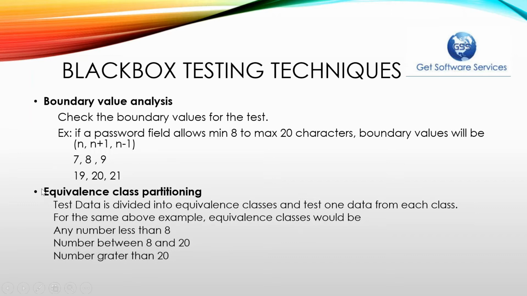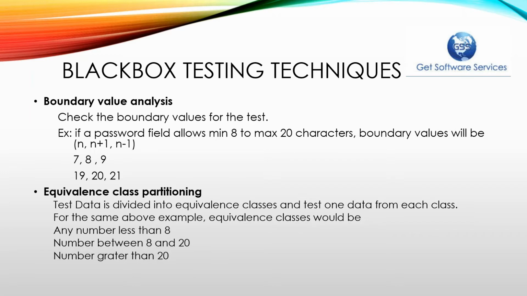I will apply boundary value analysis and I will derive this formula: n plus 1, n minus 1, where n is the boundary. So I'll test with n, that is 8, n plus 1, 9, and n minus 1, 7. I'll test by entering passwords whose length is 7, 8, and 9. And then I'll do the same thing on the upper boundary which is 20.